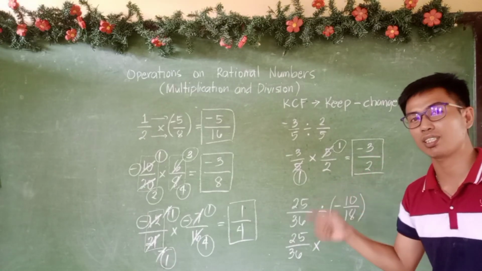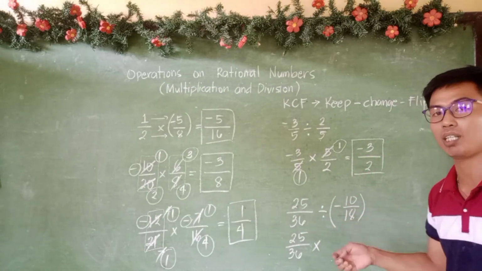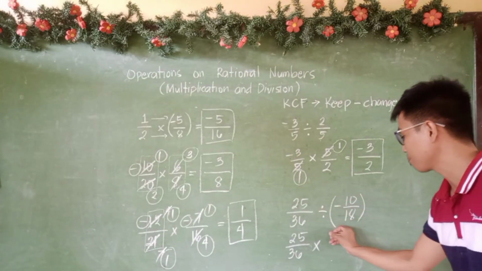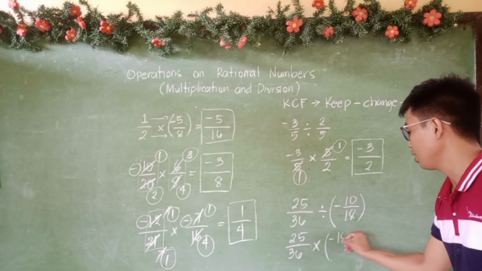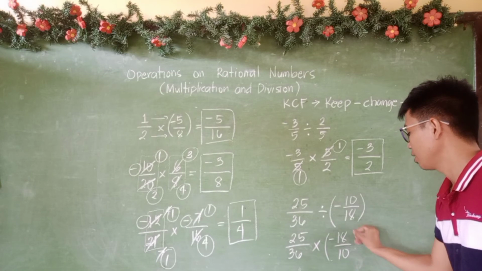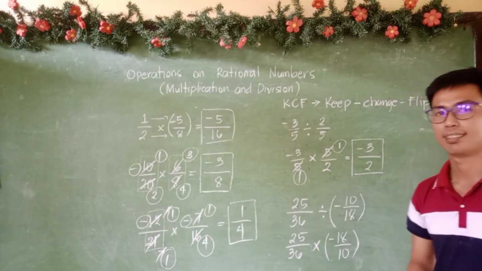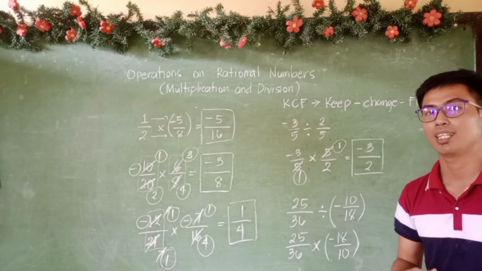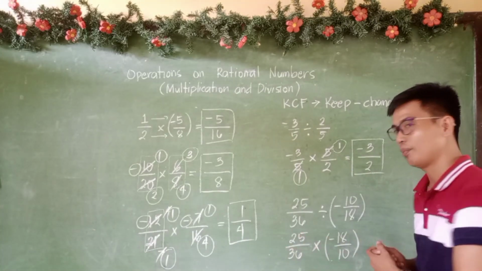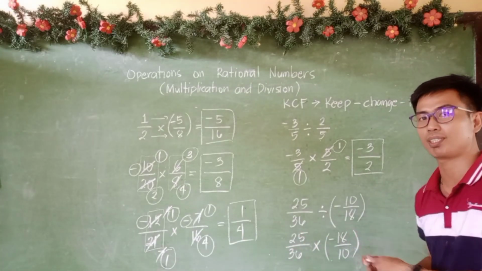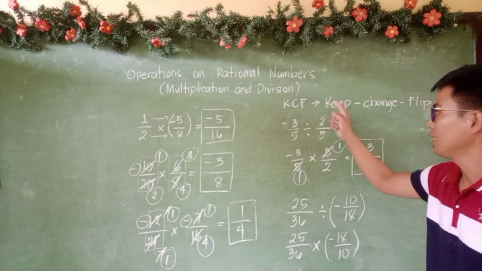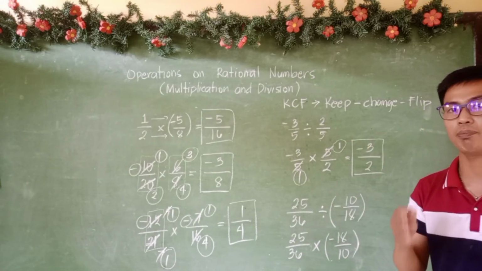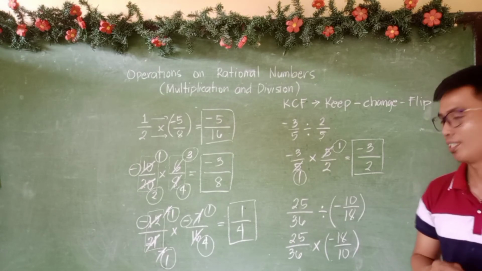So negative 10 over 18, pag na-flip natin, will become negative 18 over 10. That is our new multiplication sentence. So, ayan po, naging negative 18 over 10 na siya, after natin mai-apply yung KCF method or the keep, change, flip method.